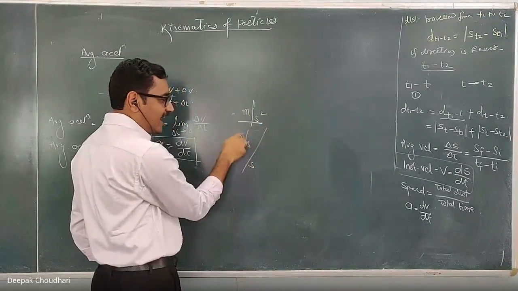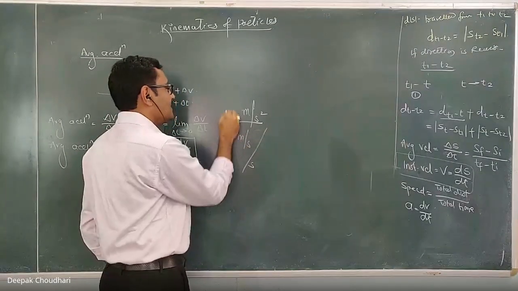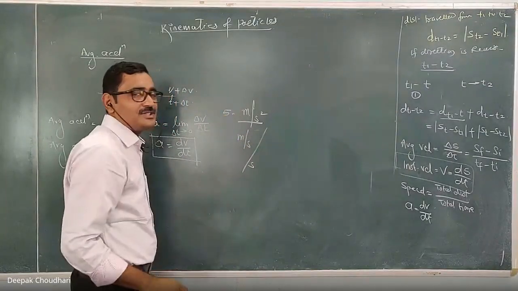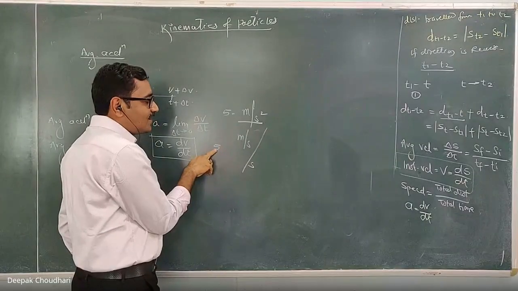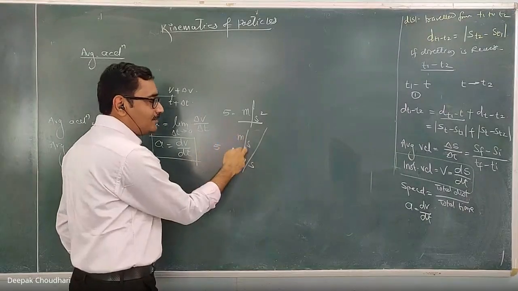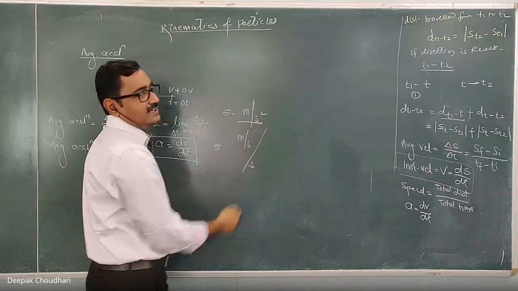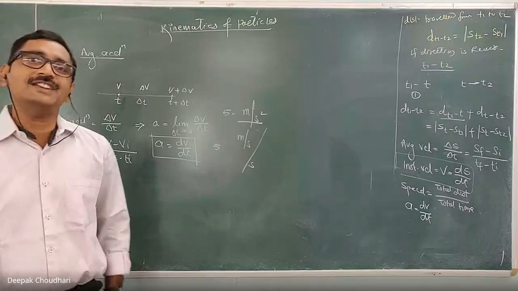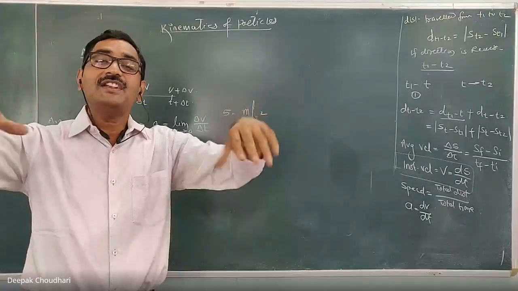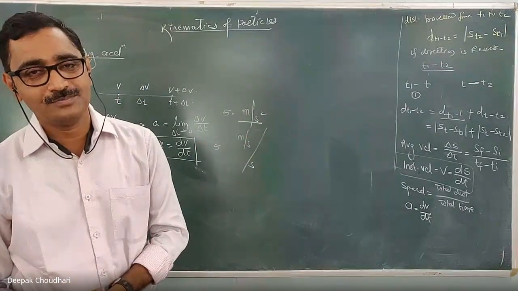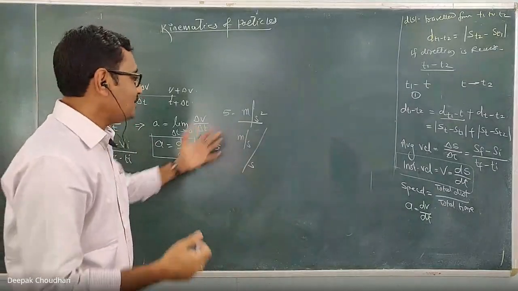For example, if the acceleration is 5 meters per second square, it means that during that motion the velocity is changing at the rate of 5 meters per second every second. That rate is known as the acceleration. Understood? This is the magnitude of the acceleration.